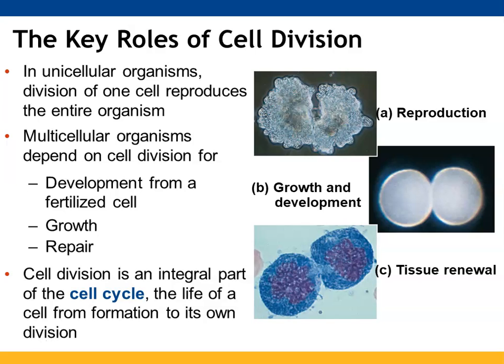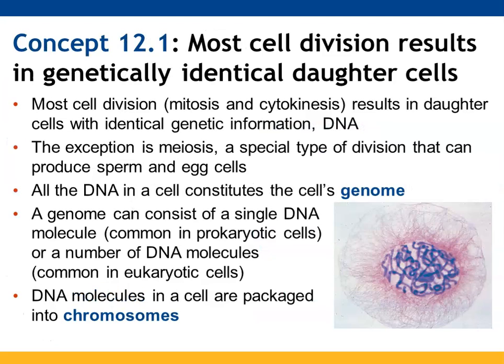And so not every cell is necessarily going to go all the way through the division process, but cells need to be capable of undergoing division when needed for that organism to be able to survive and reproduce.